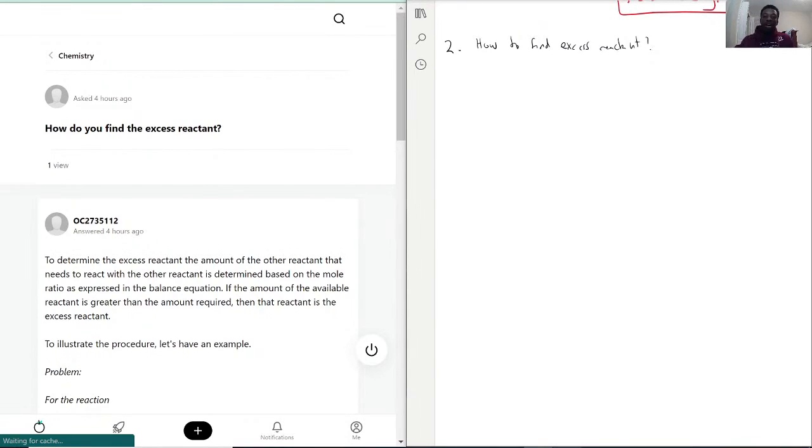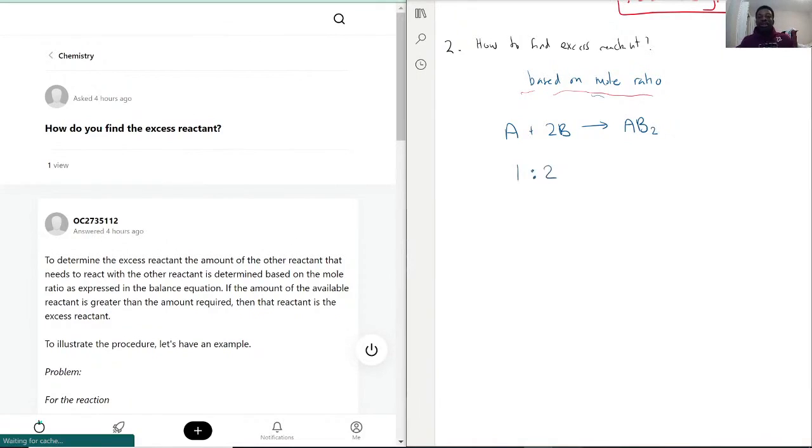For example, based on mole ratio, if I had A plus 2B turns into AB2, okay? For every mole I had of A, I needed 2 moles of B. So when I say based on the mole ratio here, I mean that this has to be kept 1 to 2.